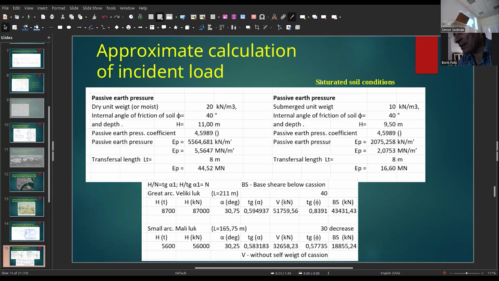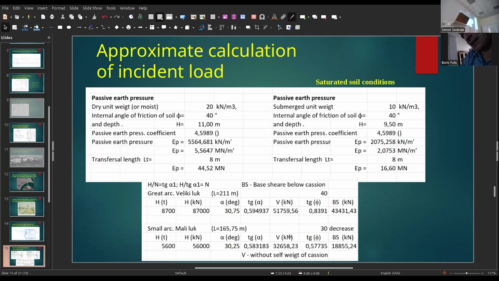And on the right is the saturated soil condition. Sorry, the submerged unit weight is 10 kilonewton per cubic meter. The internal angle is not different, but maybe decreased. But the depth is decreased by 1.5 meters, from 11 to 9.50 meters, and the activated passive earth pressure is only 60 and 6 meganewton.